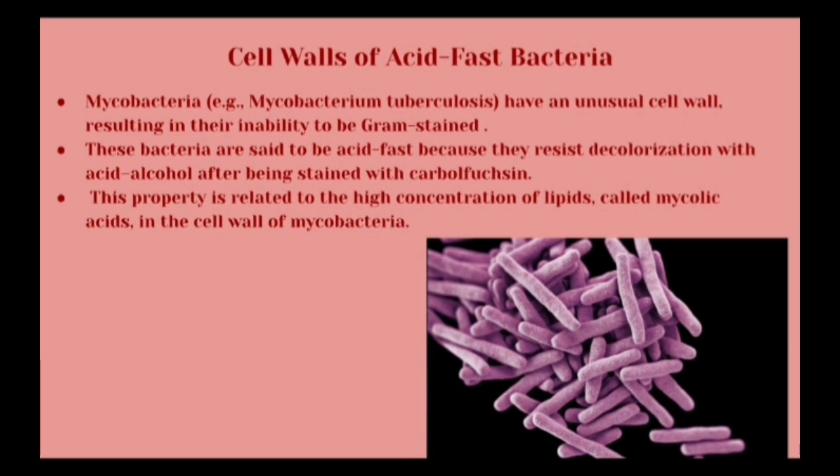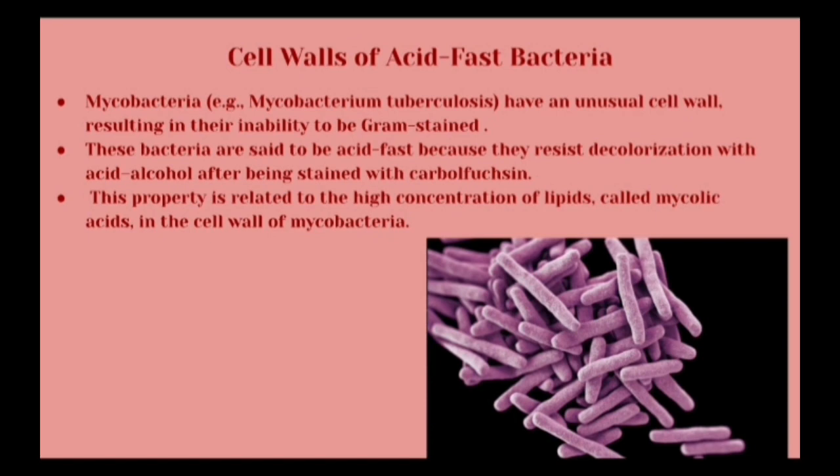Moving to the cell wall of acid fast bacteria. Note that gram positive, gram negative, and acid fast bacteria are different. A classic example of acid fast bacteria is Mycobacterium. Mycobacterium tuberculosis is always referred to as an acid fast bacterium. These bacteria have a very unusual cell wall which does not absorb the gram stain.